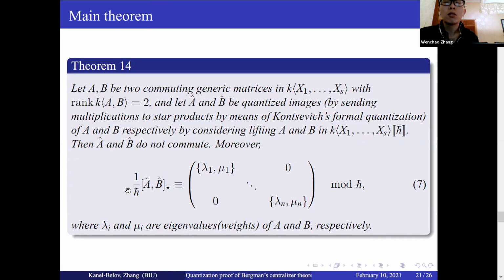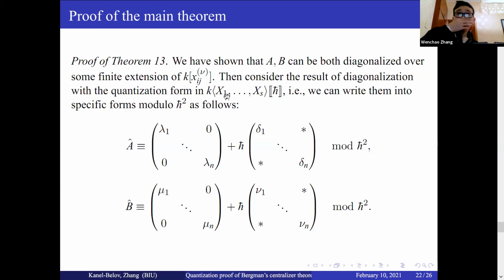And what's more, we can calculate the 1 over H bar of the star commutator of A hat and B hat. It's a diagonalized form modulo H, and each term of the diagonal is non-zero, where lambda i and mu i are eigenvalues, or the weights, of A and B. So we already showed that A and B can both be diagonalized over some finite extensions.